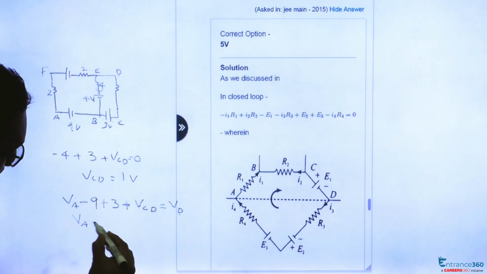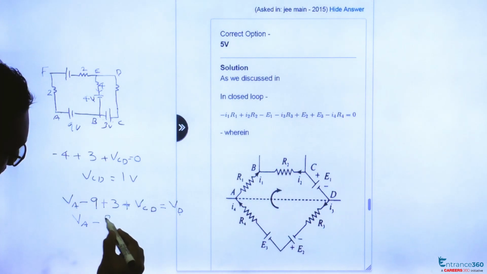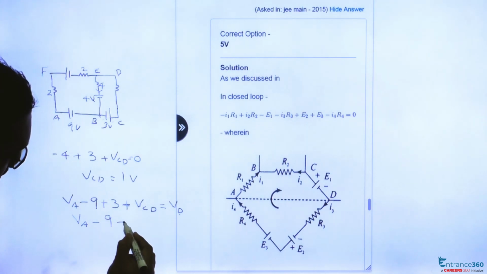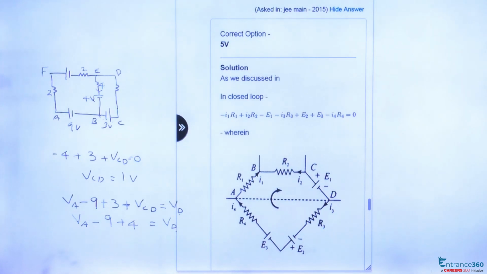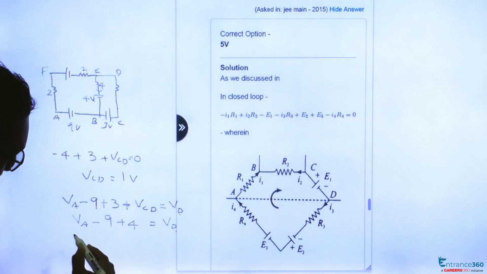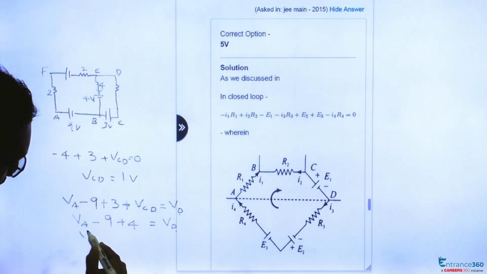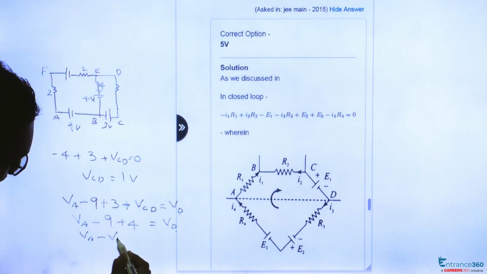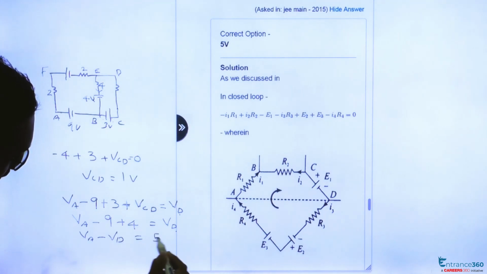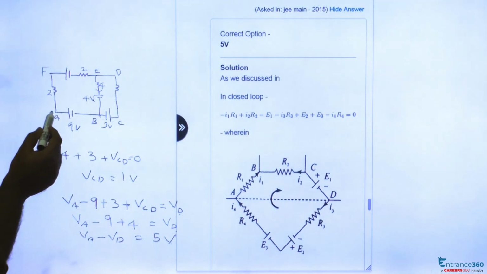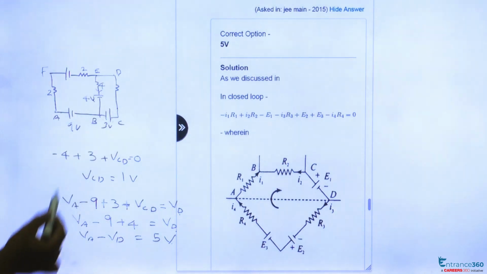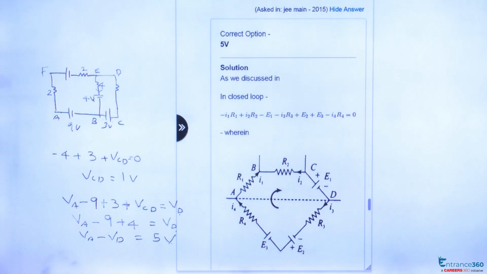So VA minus 9 plus 1 plus 4 equals VD. Or we can say VA minus VD equals 5 volt. So the voltage between A and D is 5 volt.